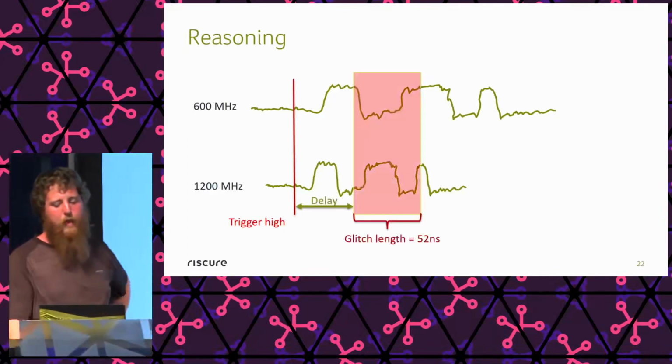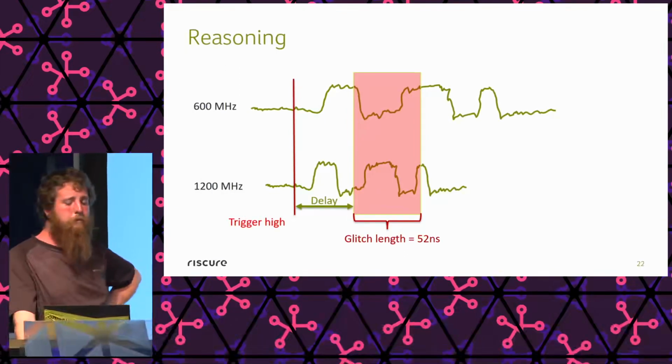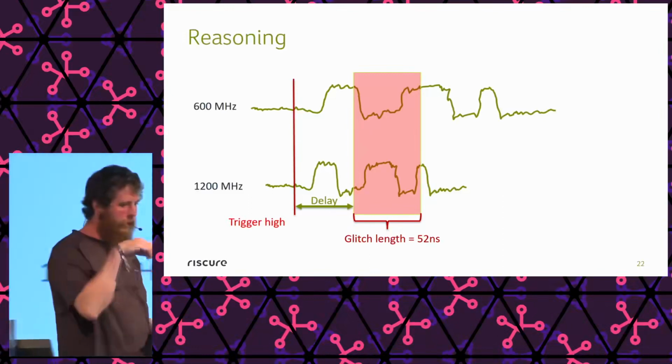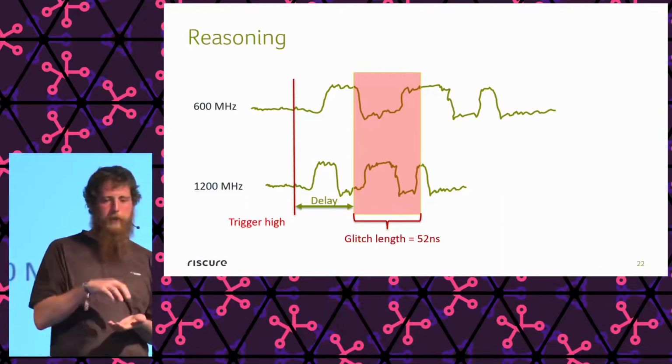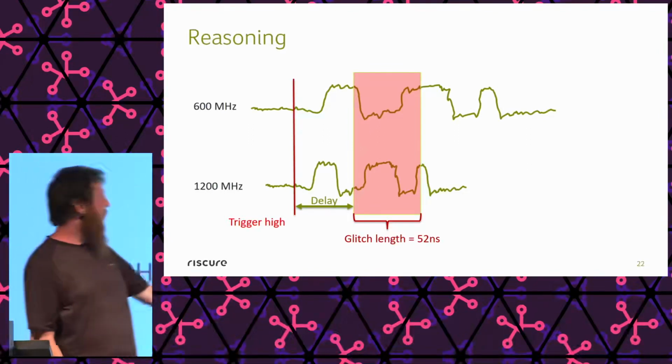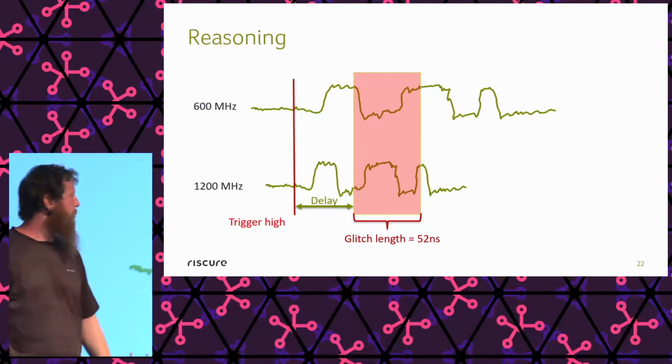So the way the hardware that we're using works is the amount of time it takes for the coil to discharge fully, so to deliver the glitch, that is fixed. That's a constant, and that's this 52 nanoseconds you see at the bottom.